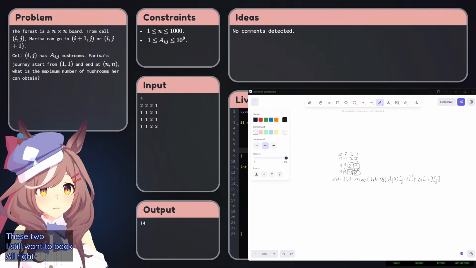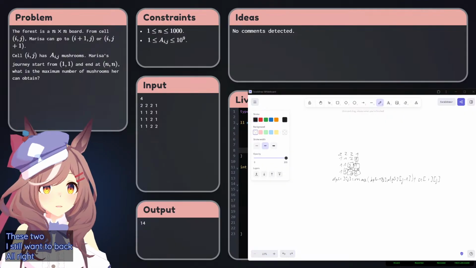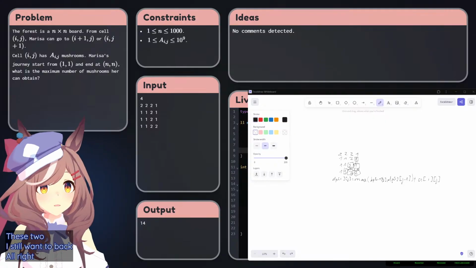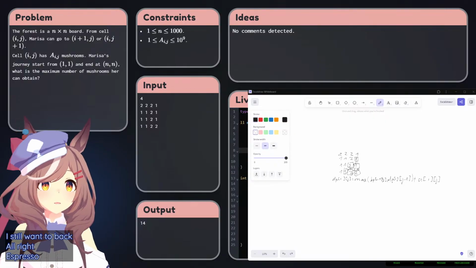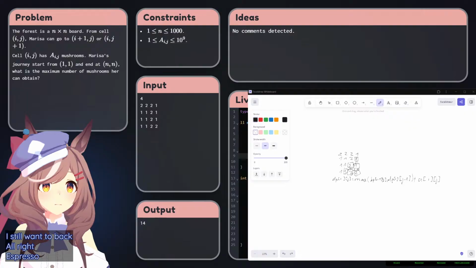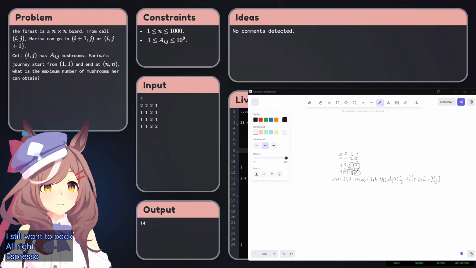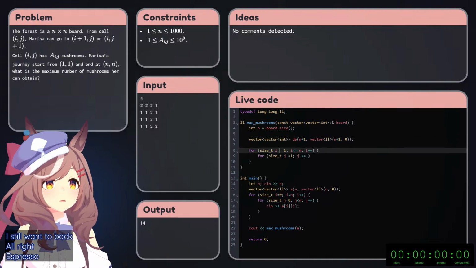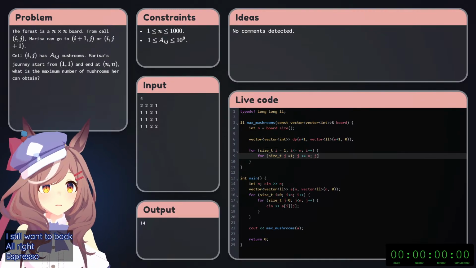And for i from 1, i less than or equal to n, i plus plus, and j the same.